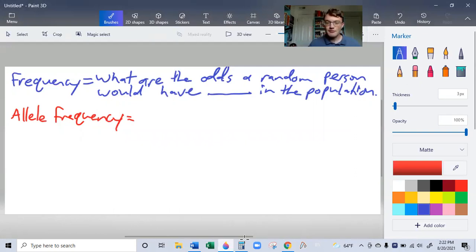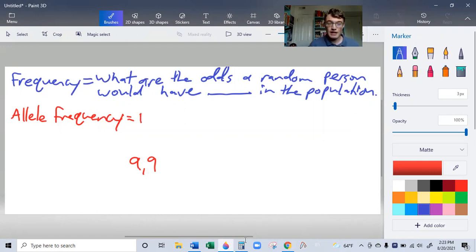So for example, if my DNA sample from the crime scene is a 9-9 combo, the allele frequency is what are the odds that if I grabbed a random person on the street and tested their DNA at this location, they would have at least one 9 allele. That's what an allele frequency is: the allele frequency of a 9 allele is what are the odds that if I grab a random person on the street, they will have at least one 9 at that location. Okay, that's what an allele frequency is.